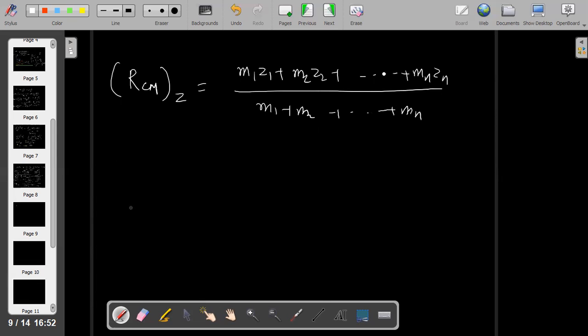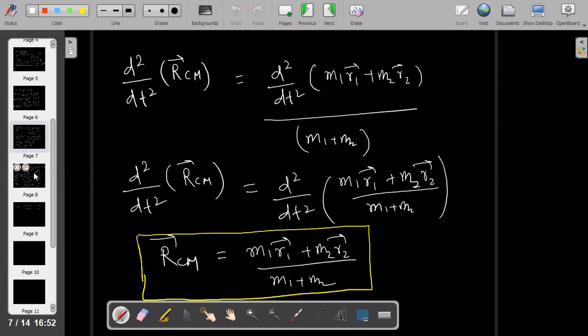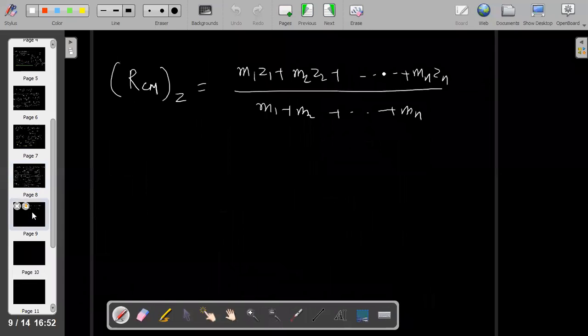So this is the position of center of mass in the coordinate system, in x, y and z coordinates. I can find it out.